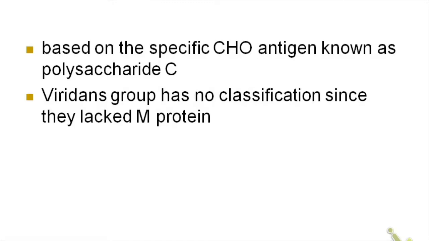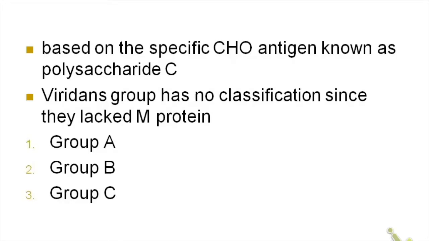So since they don't have M protein, then they cannot be classified under the Lancefield classification. So in the Lancefield classification, we classify them as Group A, Group B, Group C, and Group D. So all strep could be classified under here, except for the Viridans group.